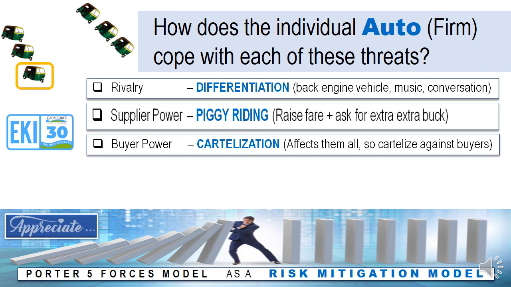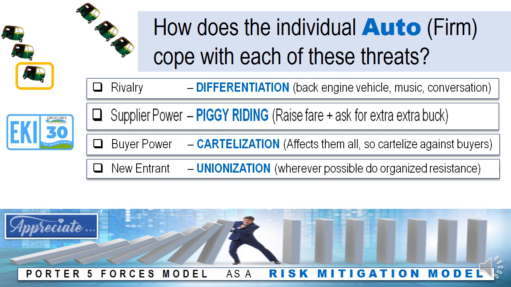So I will not take more than 4 people. I will not take more than 6 people. After 10 o'clock at night, I'm going to charge 50% more, etc. So these are cartelized rules that they will all follow to ensure that buyers do not squeeze them out.